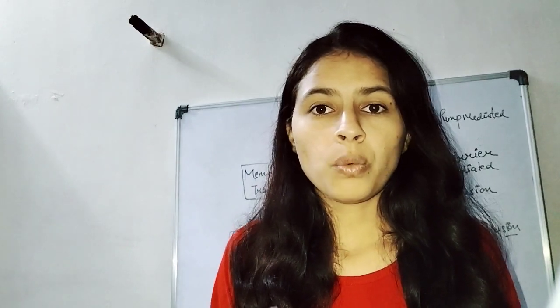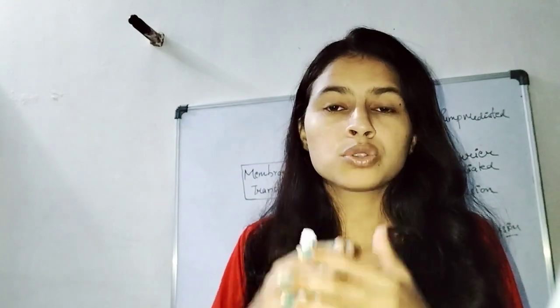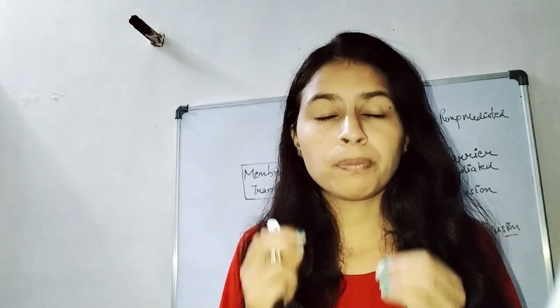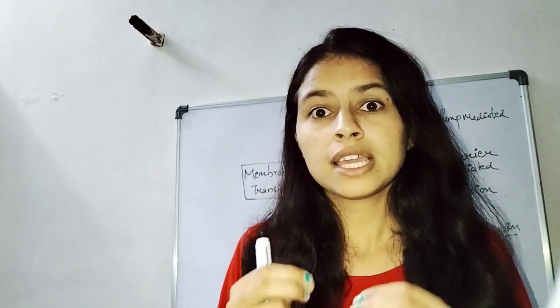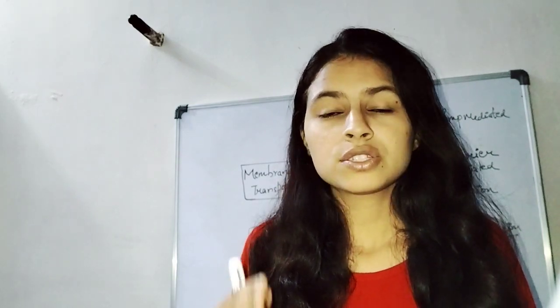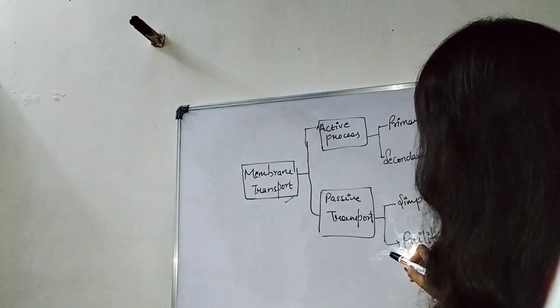You all know that when the molecules move from higher concentration to lower concentration, no energy is required during this process. So passive transport process is an energy independent process, or we say that it is an ATP independent process. Next, the passive process further is of two types: simple or facilitated diffusion.